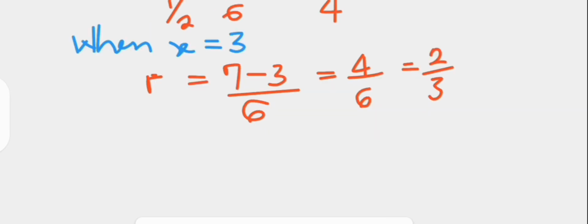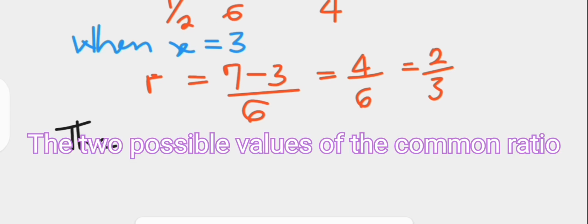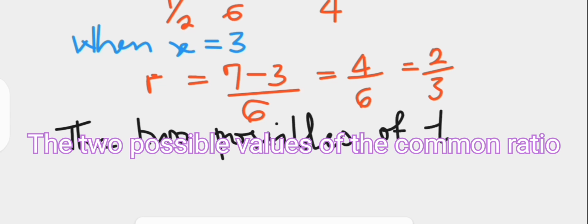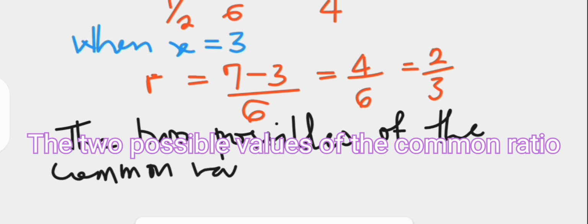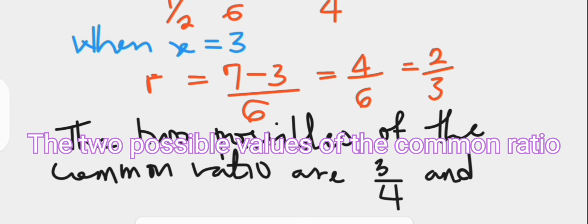So that way we have found the two possible values for the common ratio. We can just conclude by saying that the two possible values of the common ratio are 3 over 4 and 2 over 3.